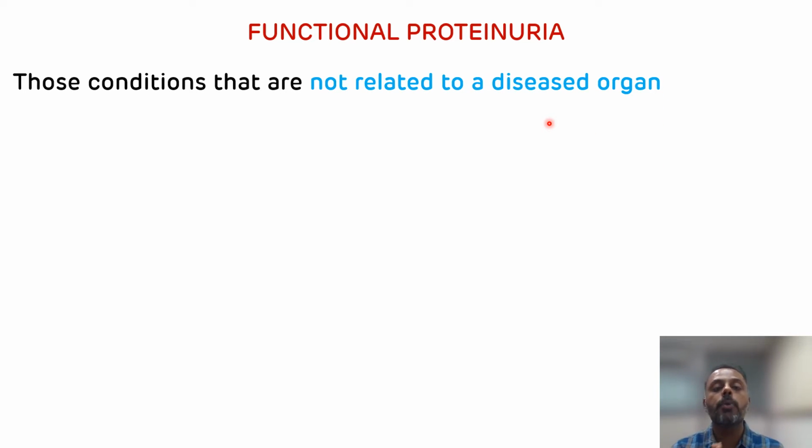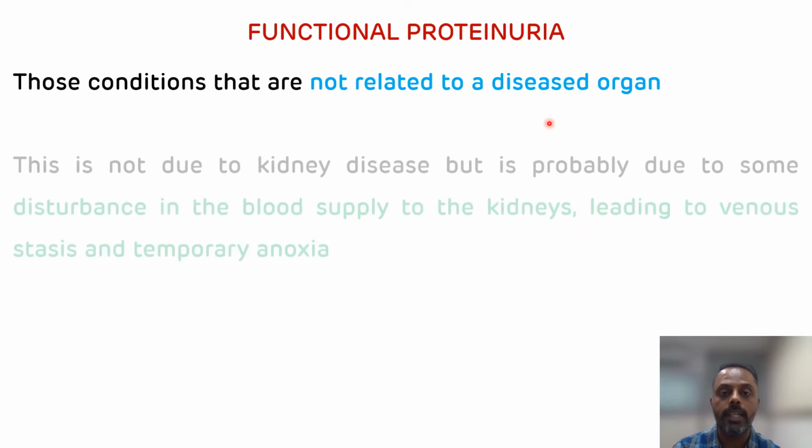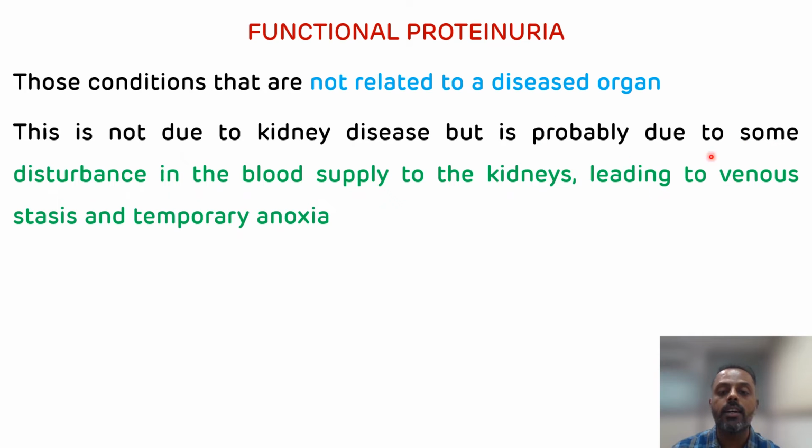In functional proteinuria, the kidney is functioning normally, but the blood supply to the kidney is disturbed, which results in venous stasis and temporary anoxia. The amount of protein excreted is very small, and this condition is temporary. So that is the definition of functional proteinuria.